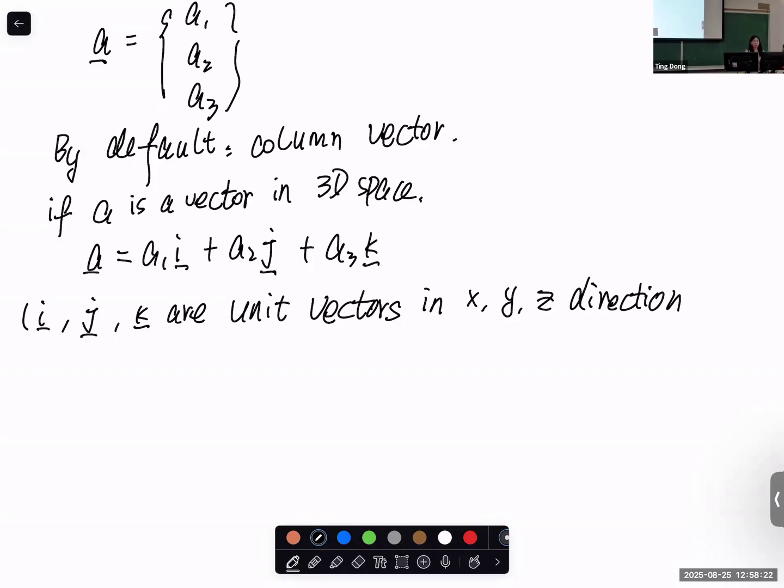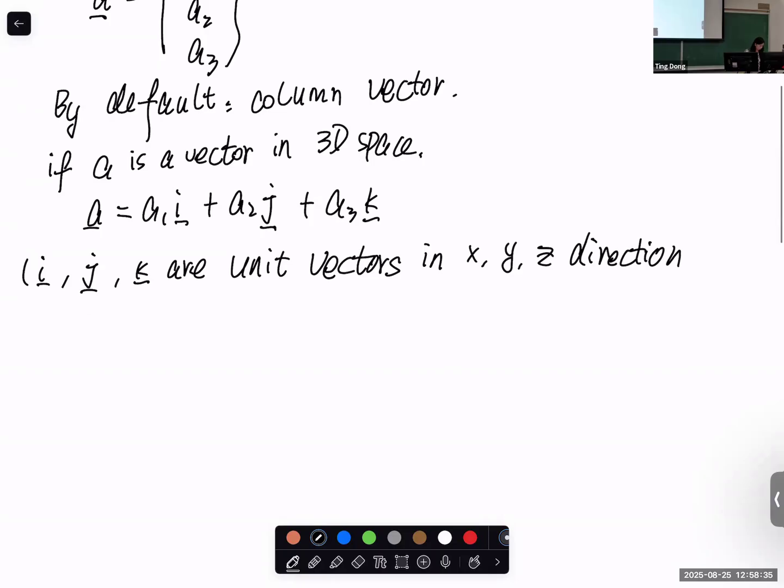And of course, A1, A2, A3 become the components in those three directions. So in FA, you do need to decompose the force in a random direction into X, Y, and Z, and put it in vector form to solve the problem.